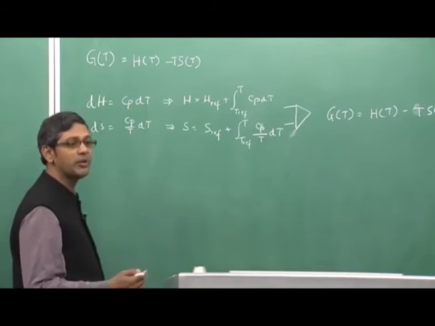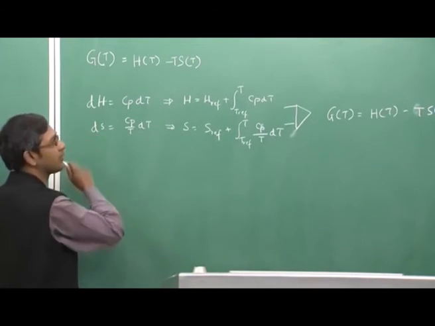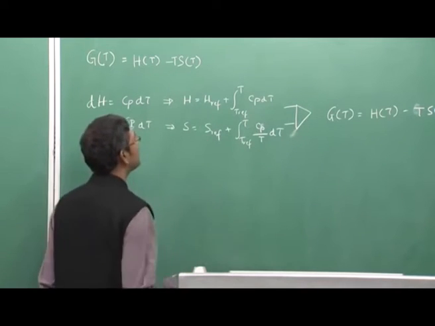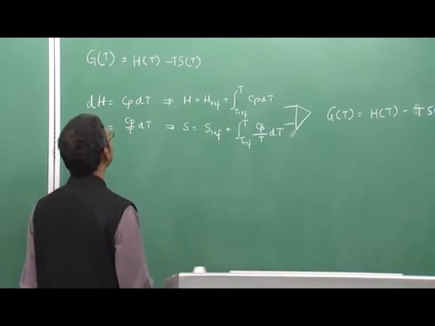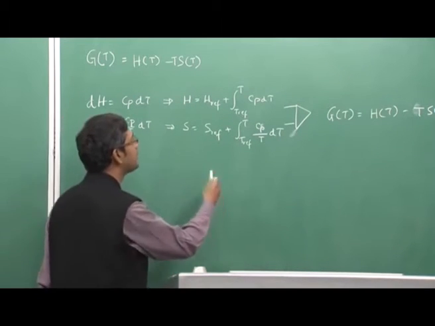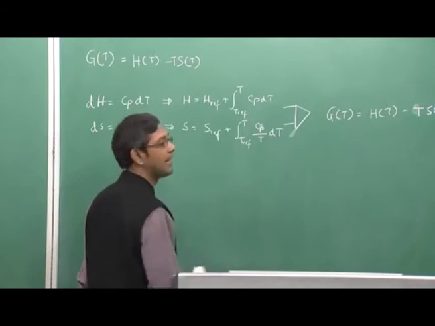And we know that by knowing the Cp, we can calculate both the enthalpy and the entropy. By integrating Cp dT from T reference to T, we get enthalpy, and by integrating Cp/T dT from T reference to any actual temperature, we get entropy.